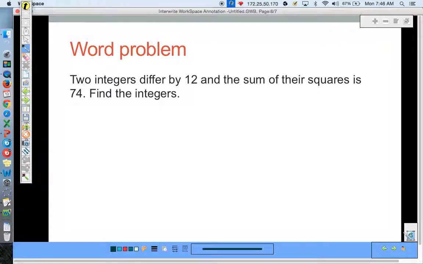Now this last one is a word problem here. Two integers differ by 12 and the sum of their squares is 74. So we have two numbers, x and x plus 12, and the sum of their squares is 74.